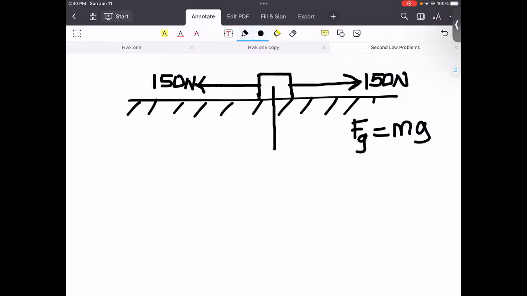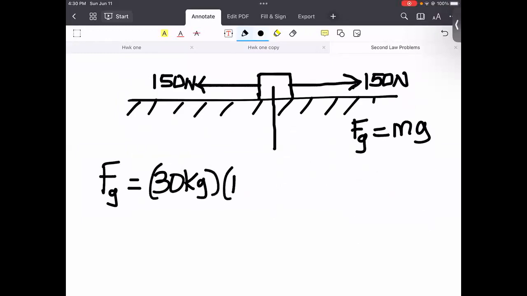M times g, in this case, gravitational force will be 30 kilograms times, let me think, I need more space. Okay, Fg will be 30 kilograms. That's the mass of the box. Then multiply by g.